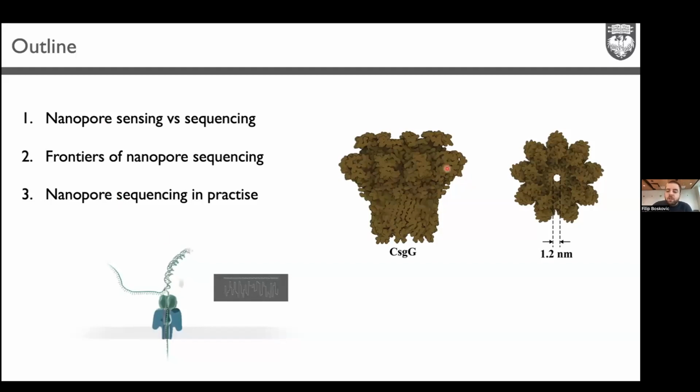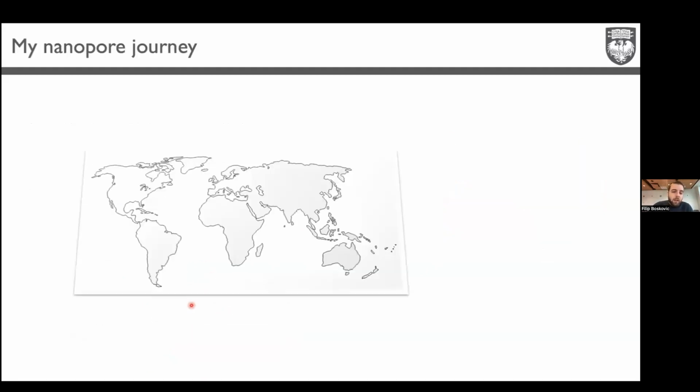And here on the slide you can already see the nanopore that Oxford Nanopore Technologies, the only commercially available nanopore sequencing so far, uses. And we will go very deep into the mechanism and how it actually works.